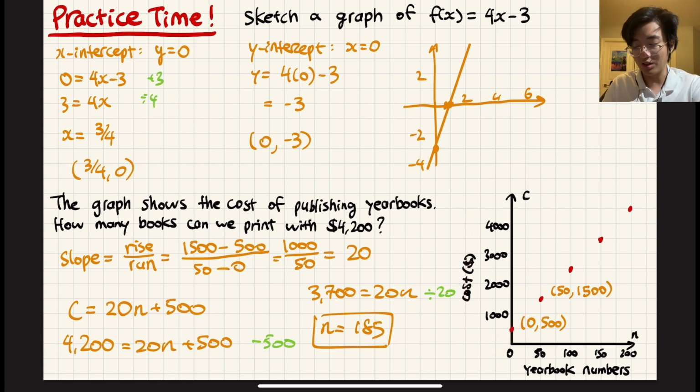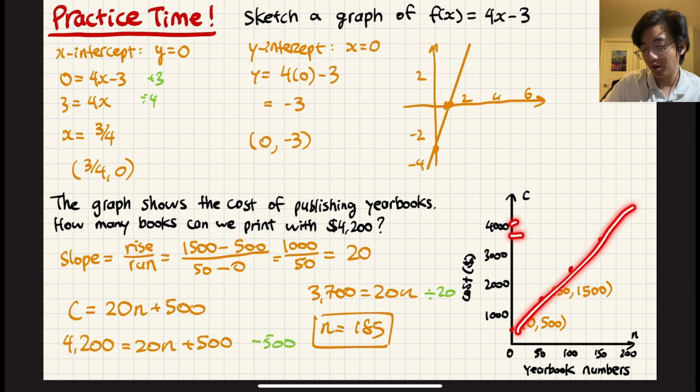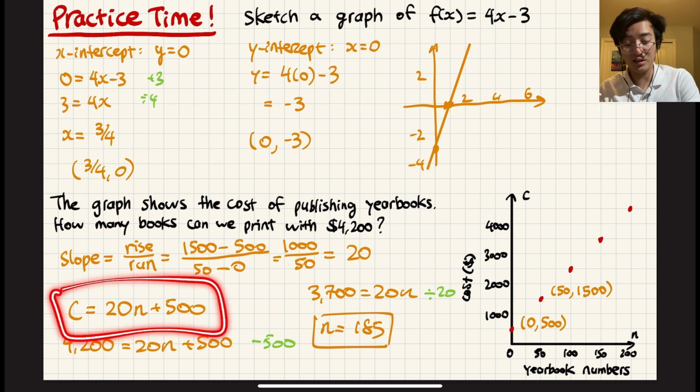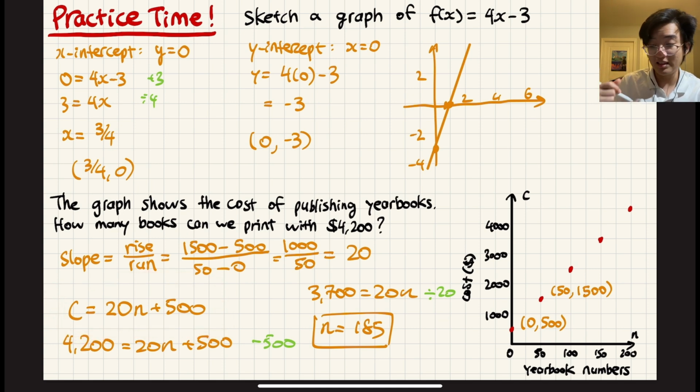For the cost, obviously we can have $1.17, but with a yearbook, we cannot sell, say, 57.7 yearbooks. In this case, the dots are not connected, so we cannot just draw a line here and guess that 4,200 is here and compare it to here.